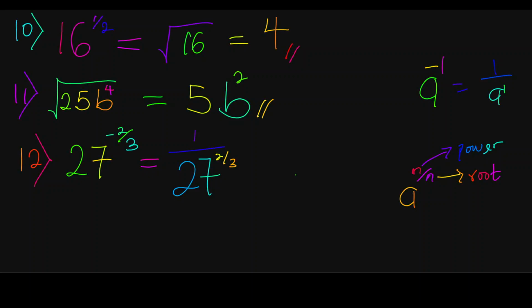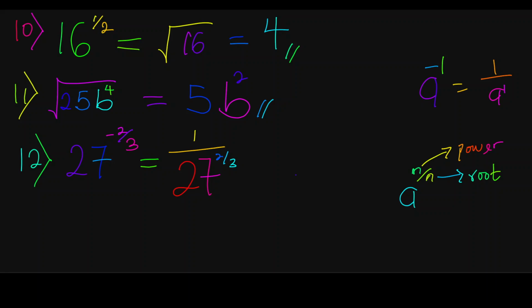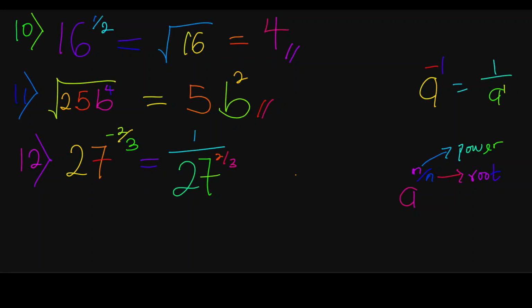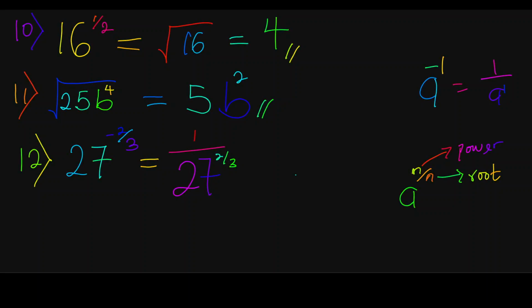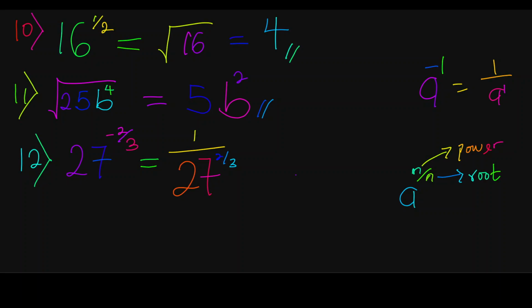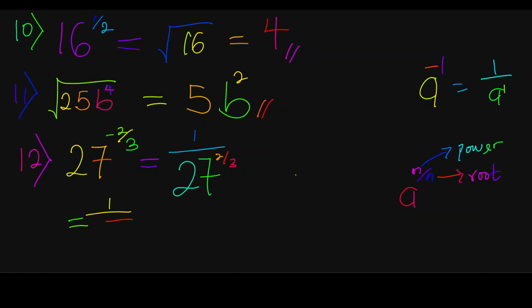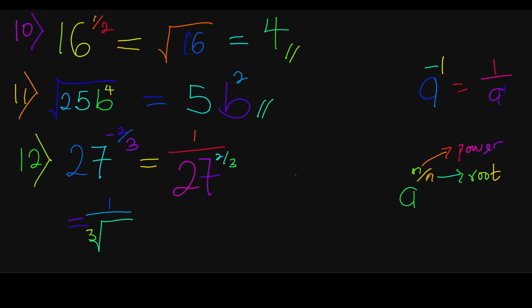Then the 27 raised to the power of 2 over 3 now has a fractional index, and I've explained that. When you have a fractional index, the denominator becomes the root, while the numerator becomes the power. So it's going to be equal to 1 over, the root now is going to be cube root, because the denominator is 3.